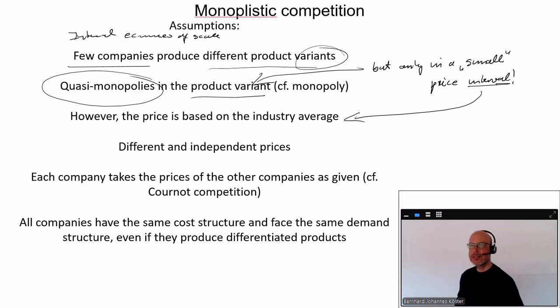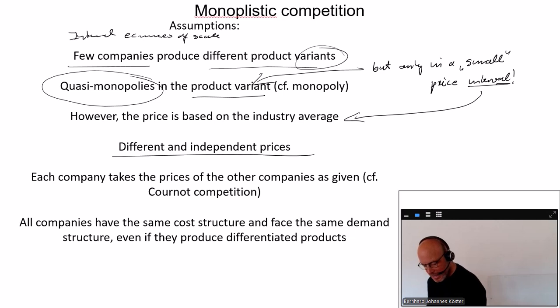Remember, this I said, a medium size car, maybe 40, 50,000 euros. And then within a price interval, VW can change the price. It could be a little bit more expensive than the Toyota, than the Ford with a similar size. But you cannot just try to sell your car, for example, for 80,000 euros.